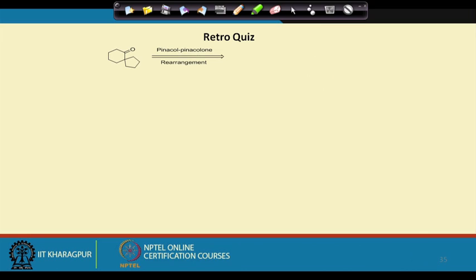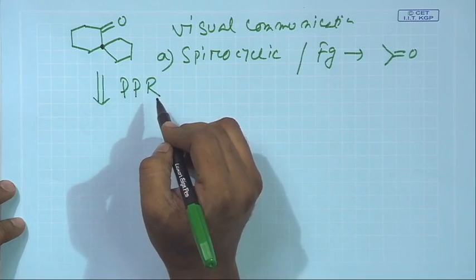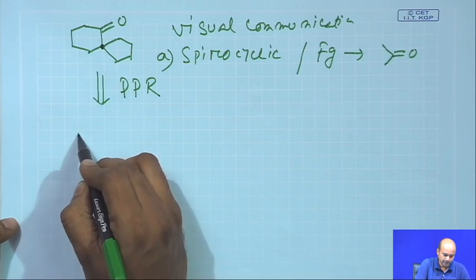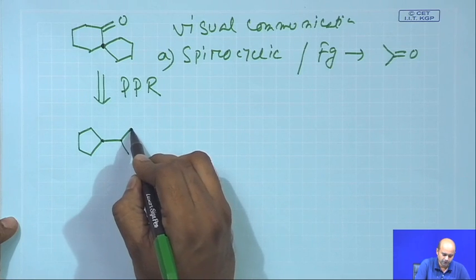Eventually, as I said, if you are familiar with certain reactions, this retro will be very straightforward to you. How? The slide says a Pinacol Pinacolone rearrangement, PPR. Probably all of you know PPR. Pinacol Pinacolone rearrangement is a very conventional organic synthesis transformation.